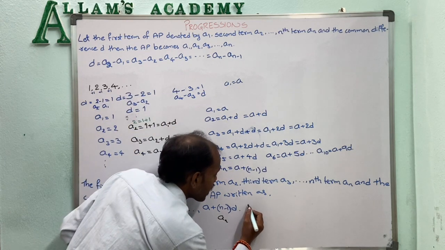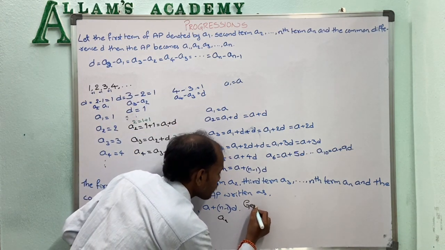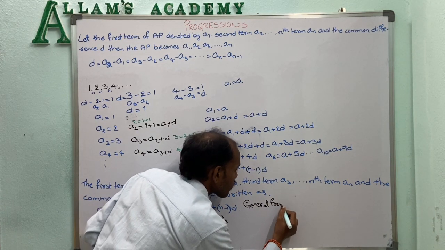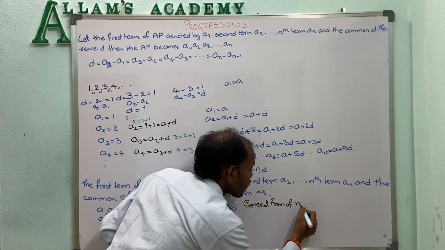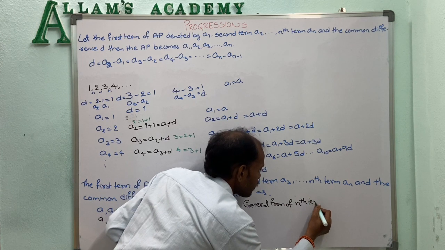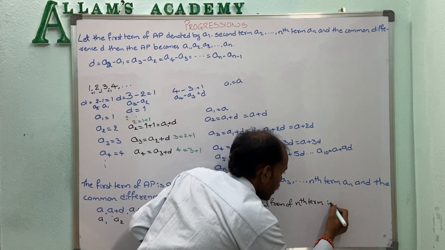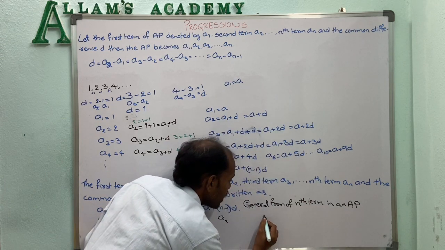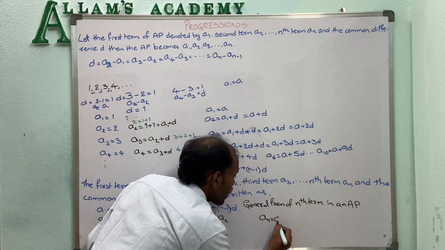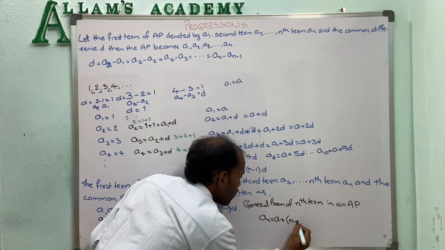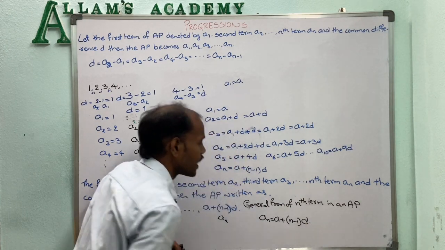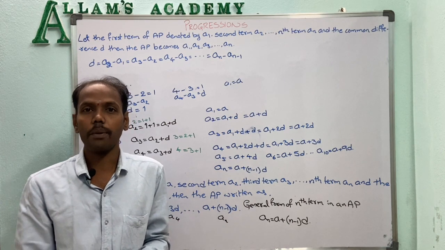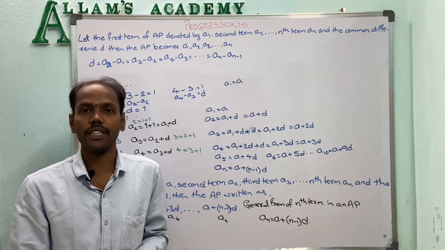The nth term in an AP, An is equal to A plus n minus 1 into D.